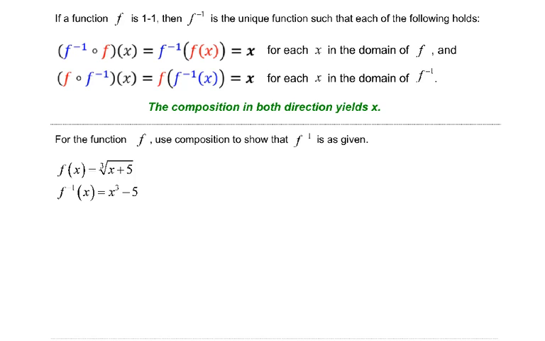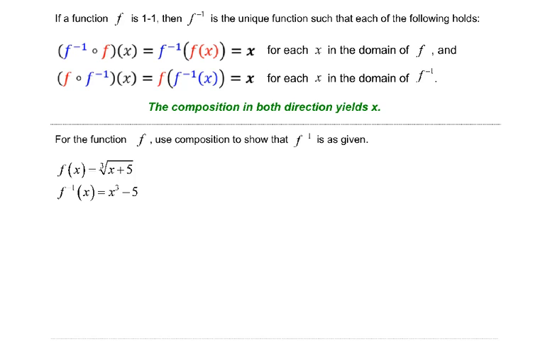As we move ahead in math, we're always learning so we can build for our next class, our next adventure. But there are situations where we may need to prove that two functions are indeed inverses. And the way we can do that is to use composition. And what I mean by that is f inverse of f or f of f inverse.